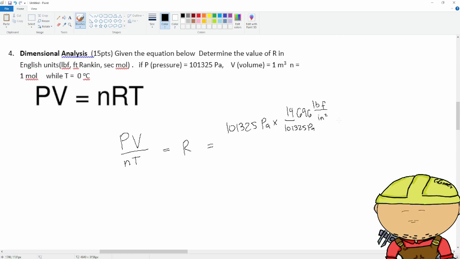Next, let's multiply volume, 1 meter cubed, which is 3.2808 cubed feet, divided by n, which is 1 mole. I don't need to convert that.